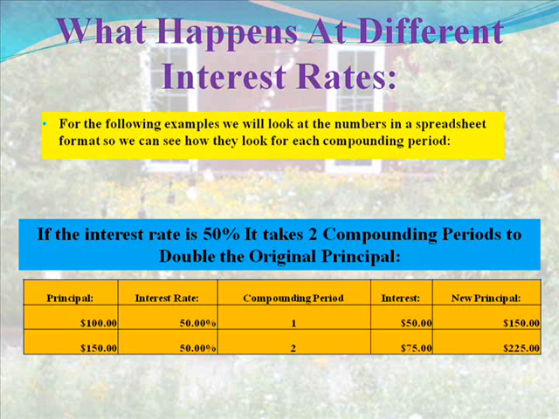Interest in that case is $50. The new principal is $150. Moving down to the next row, we see where we take our $150. That's what we're using for the calculation for the second compounding period at 50%. The interest in this case is now $75. And the new principal is $225. Therefore, we have taken 2 compounding periods to more than double the original principal.